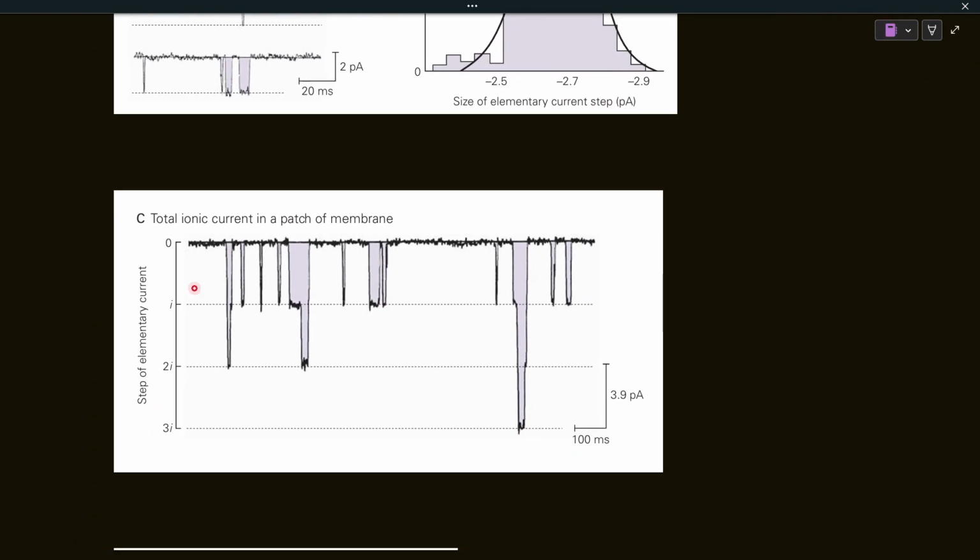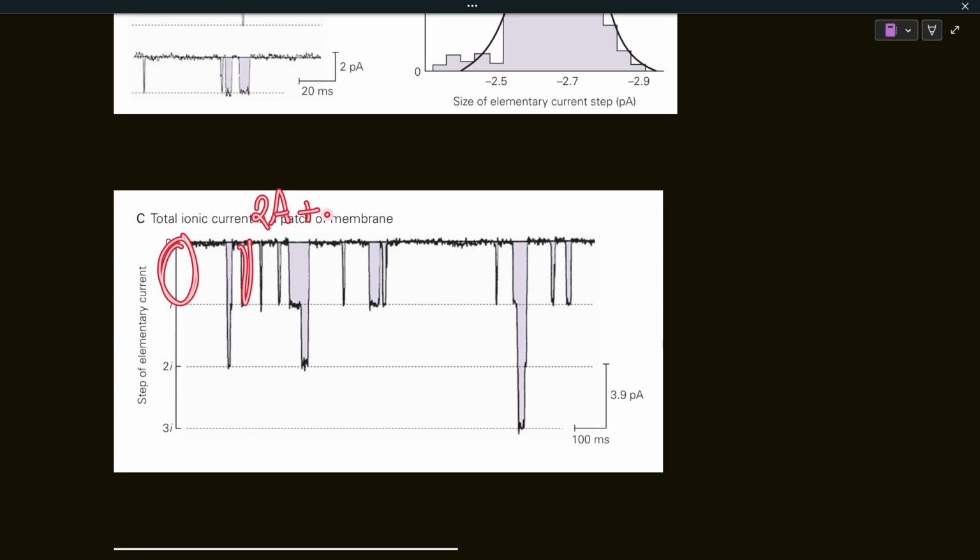This is again another observation made by Neher and Sakmann. They saw that when you give multiple stimuli, the current generated can be summed together. Here you can see the summation of current. This is not due to a single ion channel. The first receptor, let's say, opened and generates 2 ampere current.